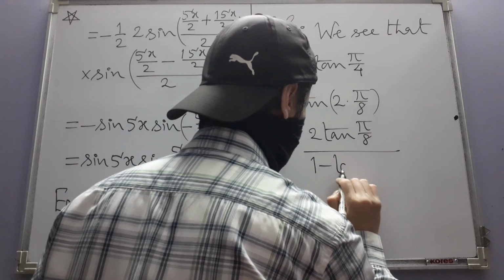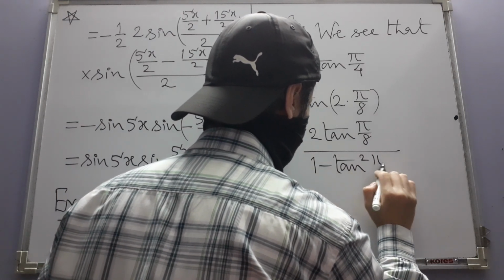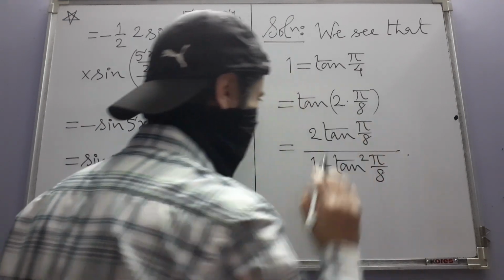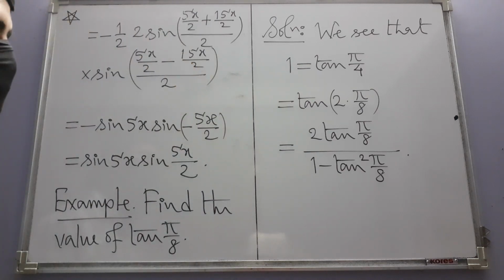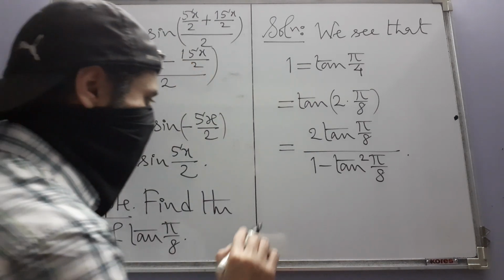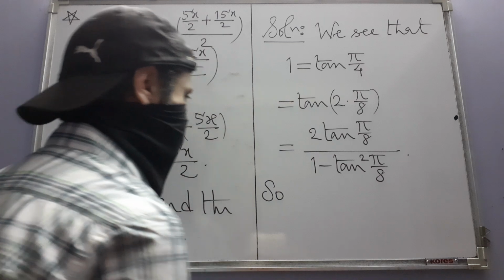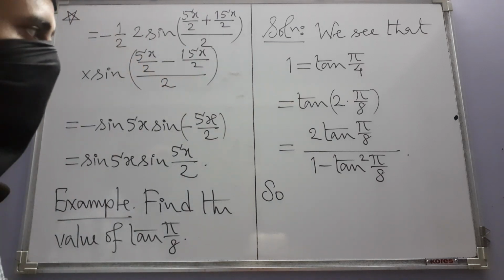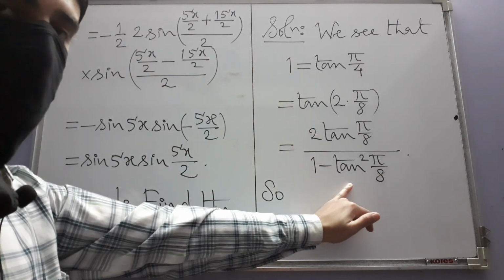One minus tan square pi over 8. So if you now manipulate this equation, on one side you have 1 and on the other side you have this.